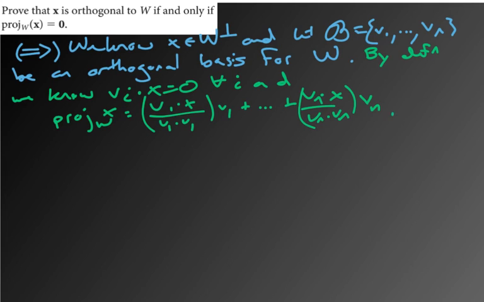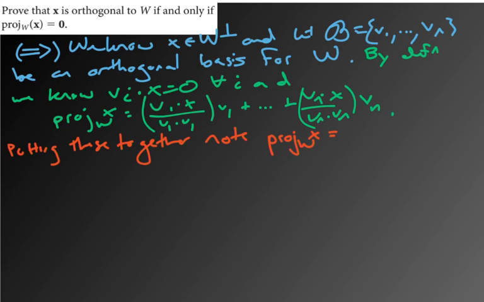That's just what it means to be the projection of x onto a subspace. Putting these together, the projection of x onto W just has to be 0, because all of these dot products are 0, so you have zeros times vectors, and so on. The top is 0 everywhere, so that projection has to be 0. So that's the first direction.